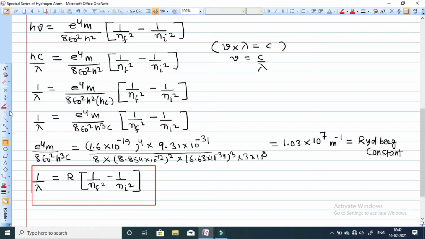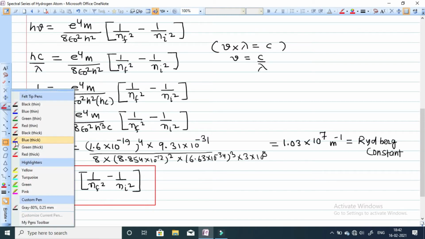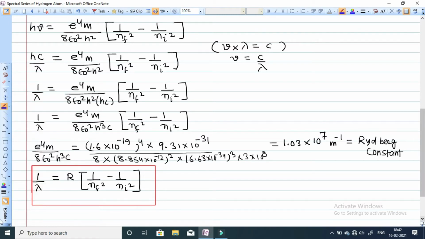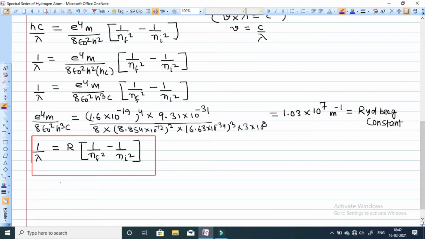So this lambda here is the wavelength of radiation that is emitted when the electron is making the transition. It is giving you the wavelength of the photon, or you can say radiation.